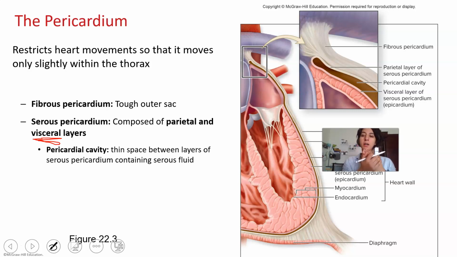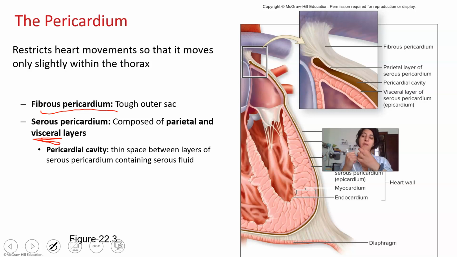Now, what the heart has is this extra layer of pericardium that we call the fibrous pericardium. And it's this tough sac of dense connective tissue that holds the heart in place. If you think about it, it's constantly, throughout your entire life, contracting and relaxing.